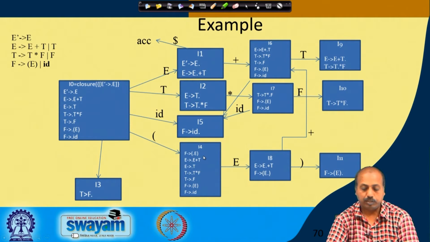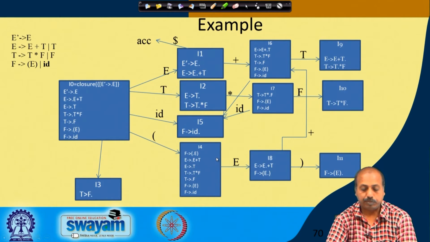For this one I will get this dot E, so it will be adding this. On E it will go to E producing E dot plus T, and F producing open parenthesis E dot close parenthesis, like that.